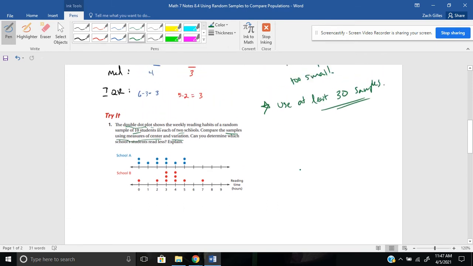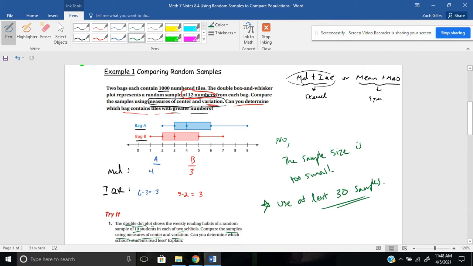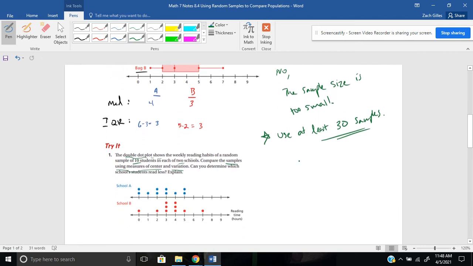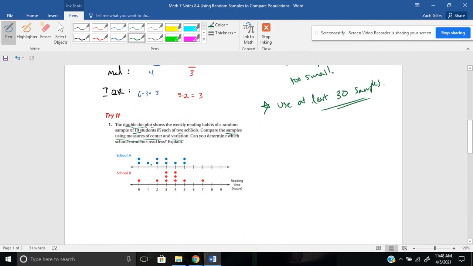Okay, so I go back up here and I think, am I going to use the median and the interquartile range, or am I going to use the mean and the mean absolute deviation? Well, it looks like I have some pretty symmetric data. I've got the bell-shaped curve going on here. I'm going to say that this data is pretty symmetric.